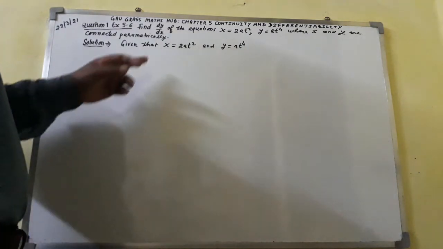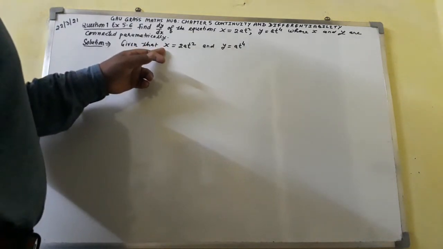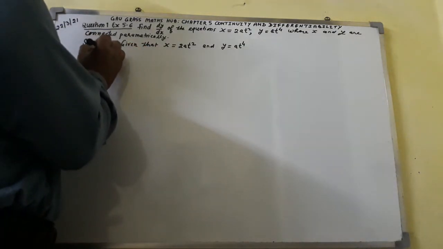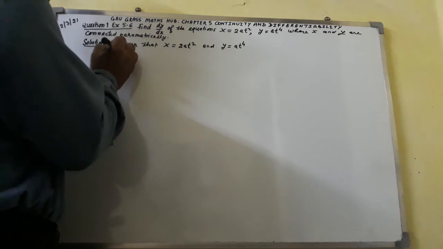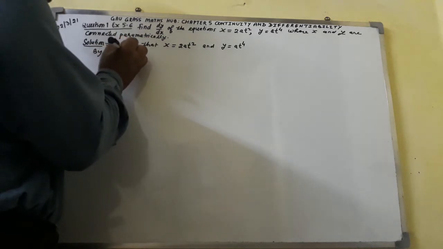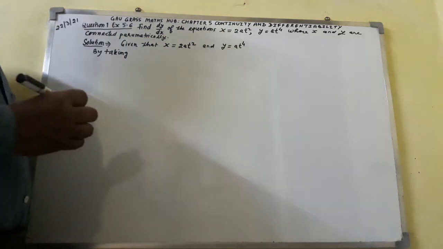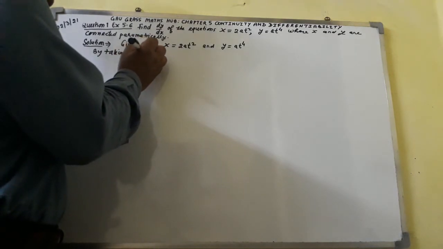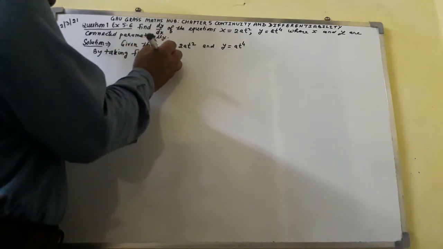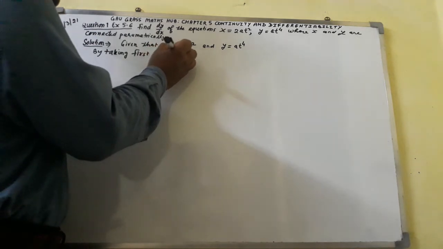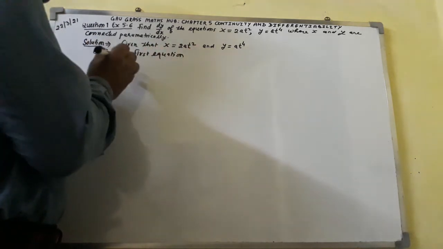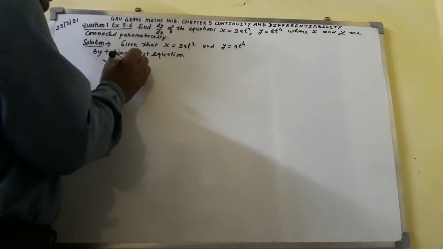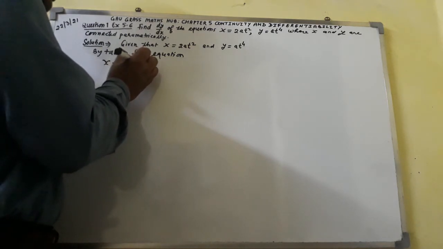So first of all, I shall take the first function, first equation, x is equal to 2at square.